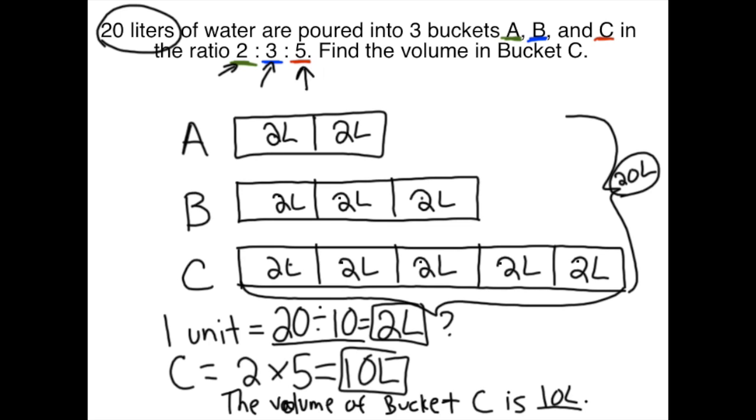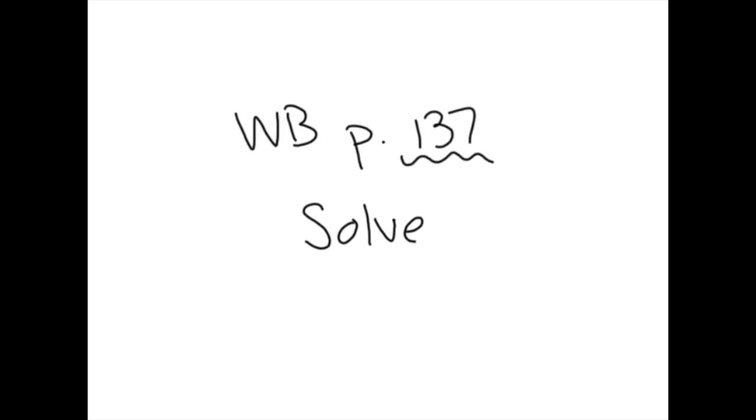You're going to do workbook page 137. And you will see that there are 2 problems on page 137. The bar models are already drawn out for you. It's your job to solve and make sure that you have a sentence in there. Okay, so you're going to be solving for those 2 problems. Go ahead and give it a try.